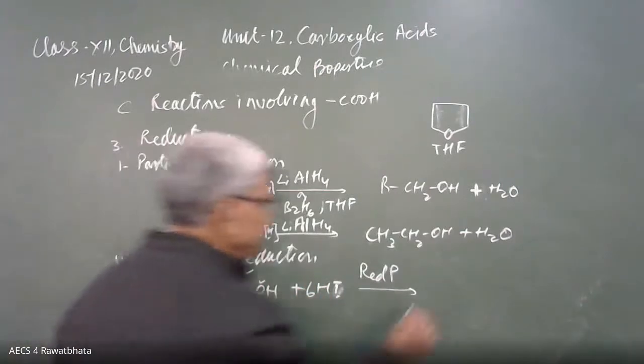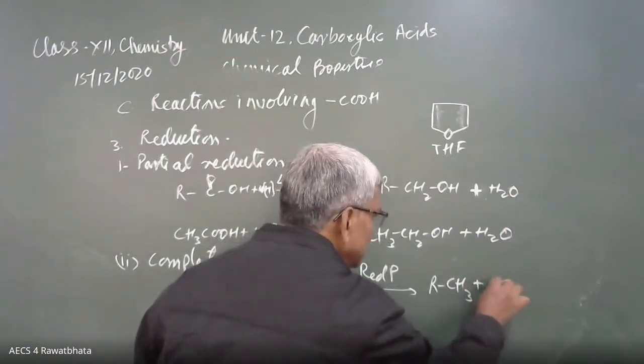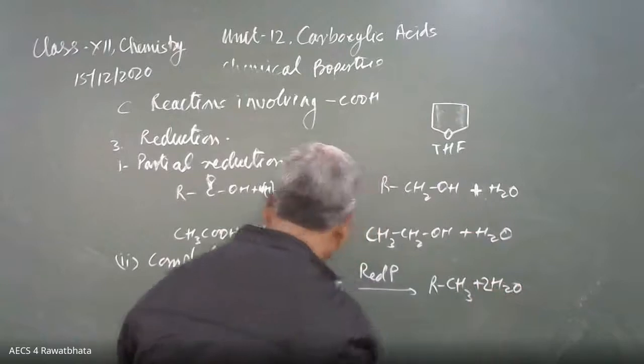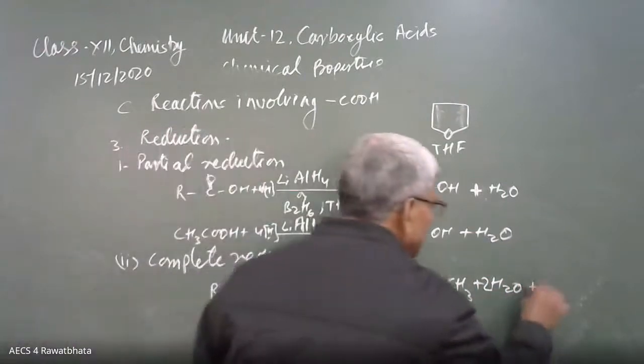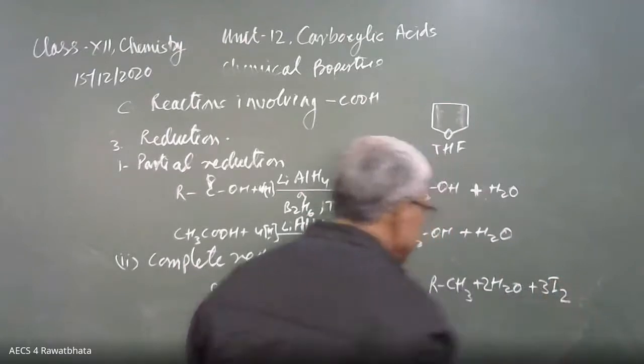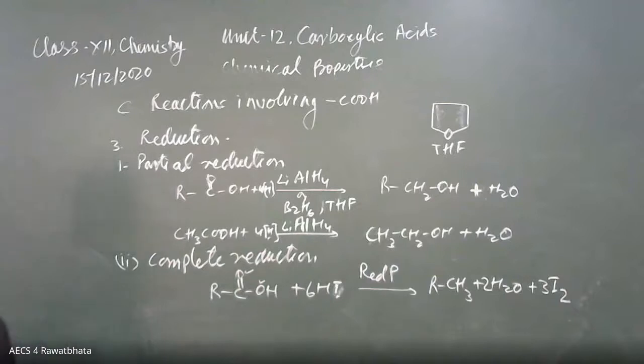It forms R-CH3 plus 2H2O, 2 oxygen, 2H2O plus 3I2. 4 here and 2 here, 6, that is balanced. So this is the complete reduction where carboxylic acid is converted into alkane.